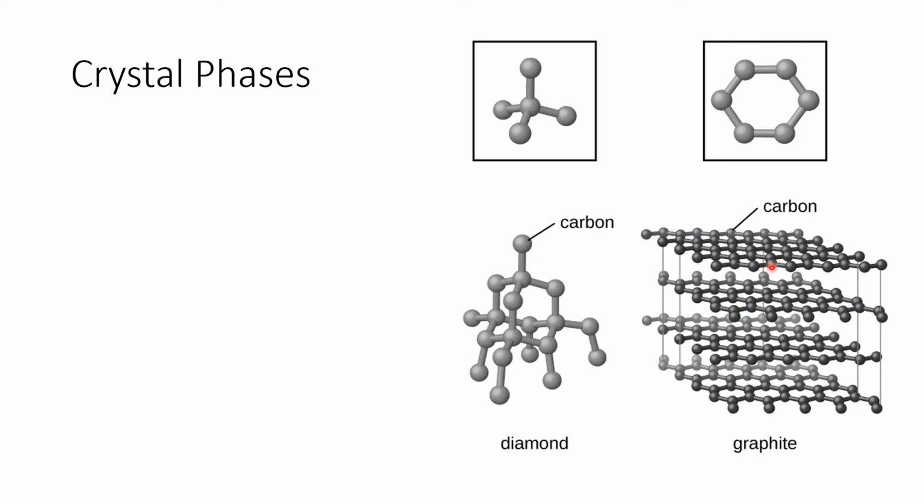We'll just call them the London dispersion forces between the carbons on this sheet and the carbons on this sheet, because obviously these are all carbons, these are all nonpolar. So that's all that's holding these sheets together, those very, very weak intermolecular forces, while in diamond we have covalent bonds holding all this structure together in 3 dimensions, and so it becomes extremely hard. The hardest of minerals, a 10.